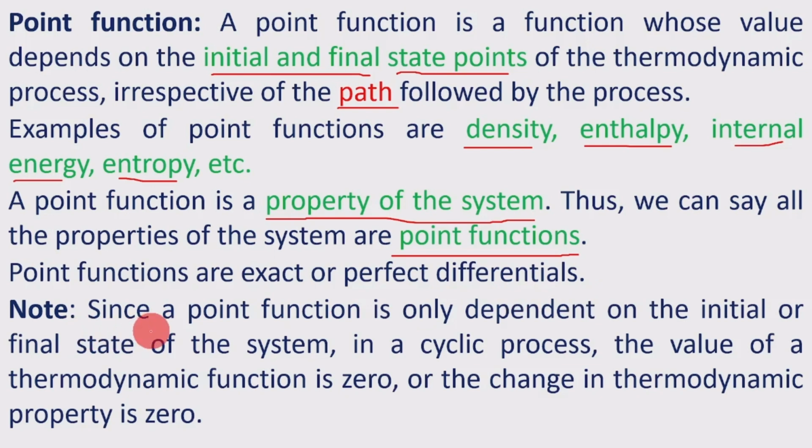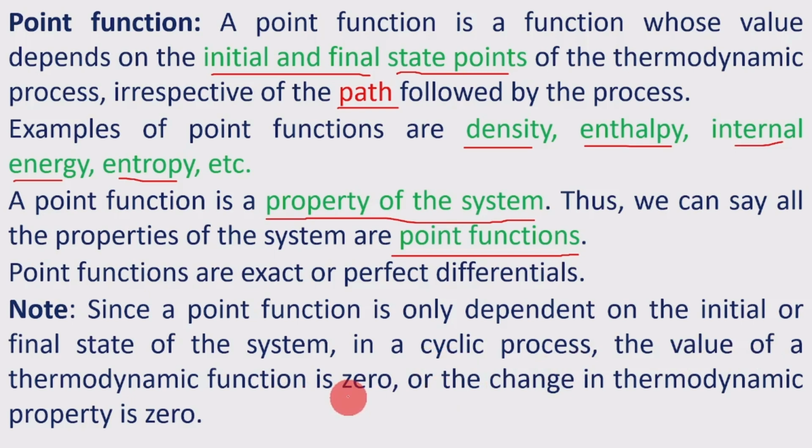And here we note that since a point function depends only on the initial and final state of the system, in the cyclic process the initial and final states are the same. Therefore, the change in the thermodynamic function is zero.